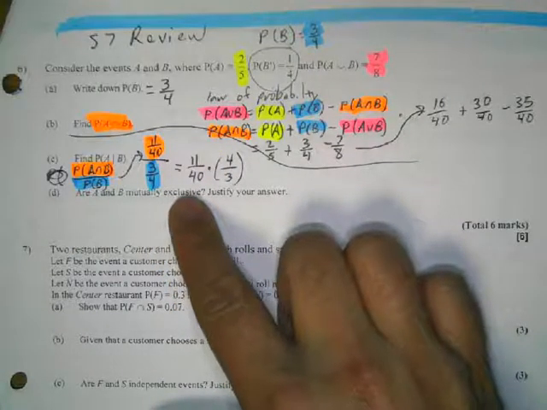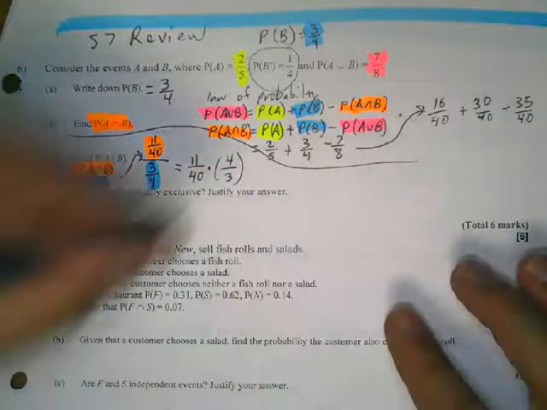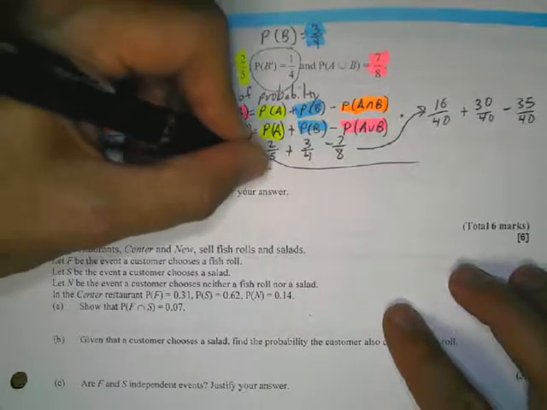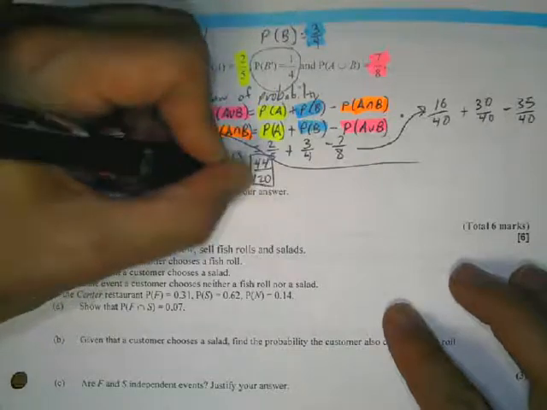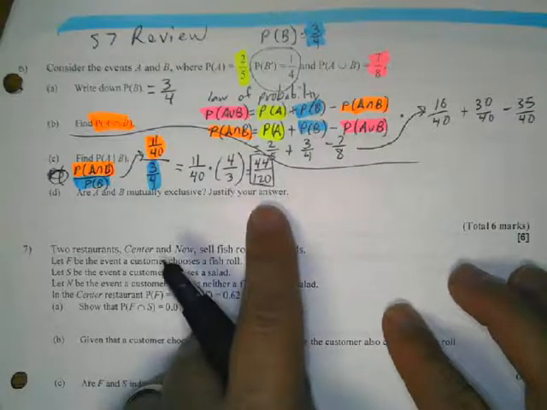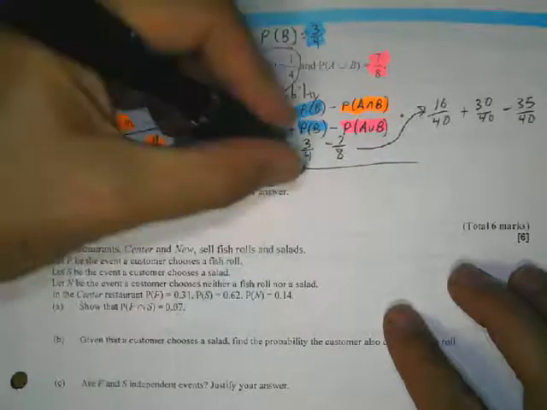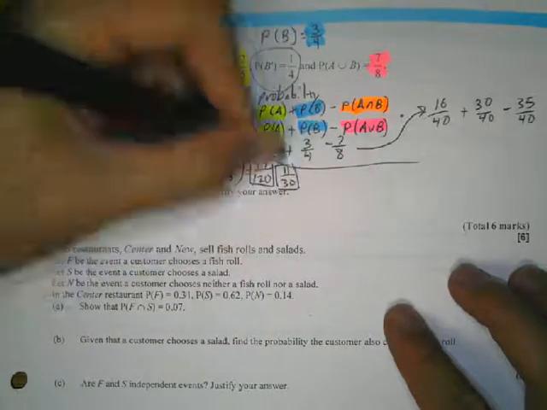Right, we took the reciprocal of this denominator fraction, and now we get 44 over 120. I'll accept that answer, but we can also simplify that to be 11 over 30, which is a fine answer as well.